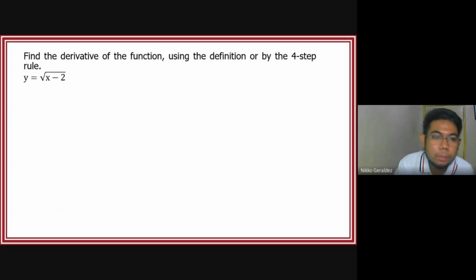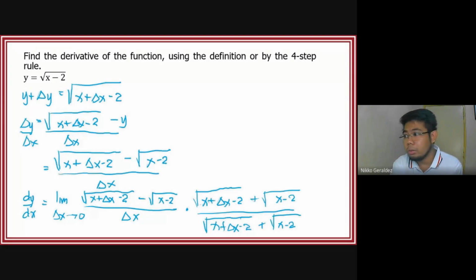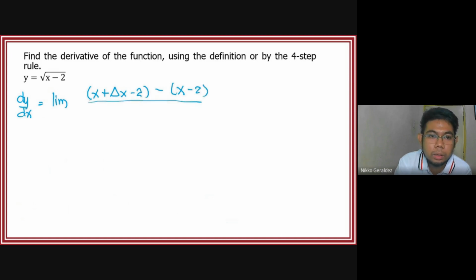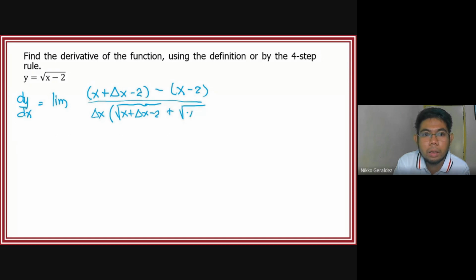O, multiply. So we have dy over dx is equal to the limit of, multiply, FOIL method, yung numerator, so that is equal to x plus delta x minus 2 minus x minus 2 over delta x times square root of x plus delta x minus 2 plus square root of x minus 2, as delta x approaches 0.